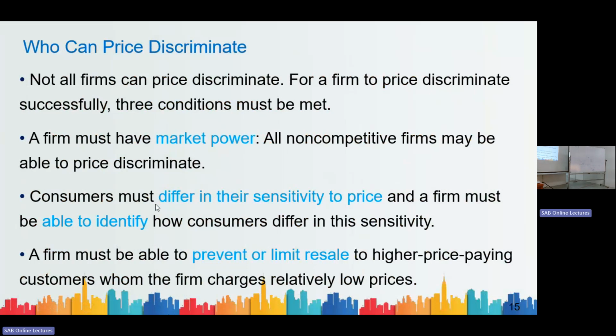For example, let's say the airline company Sri Lankan Airlines has two services. One is economy class and the other one is business class.